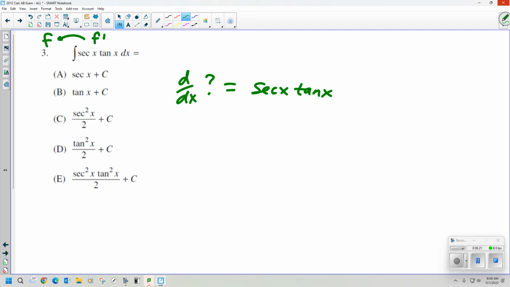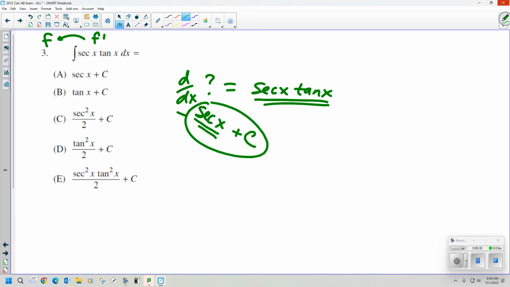If you know your rules for trigonometry, the derivative of secant x would give you this. But since there are no bounds, I always need to put a plus c when I solve for this right here. And that, my friends, the answer for 3 is A.